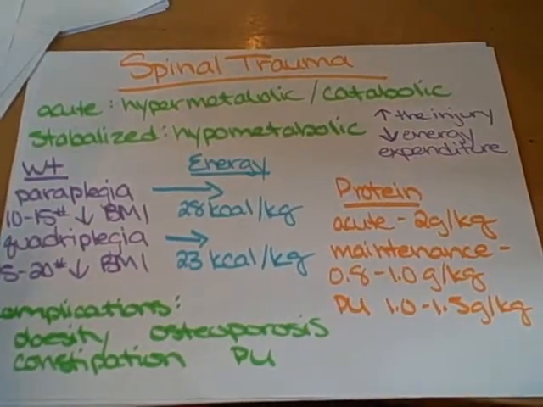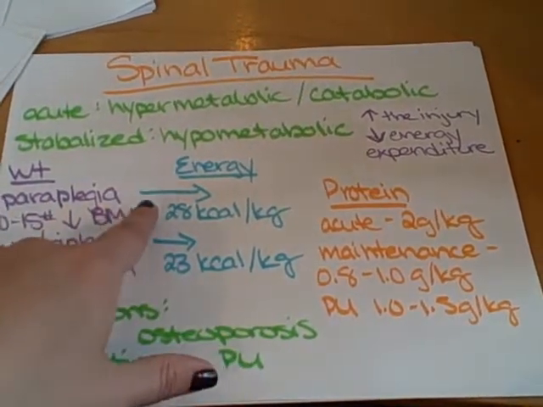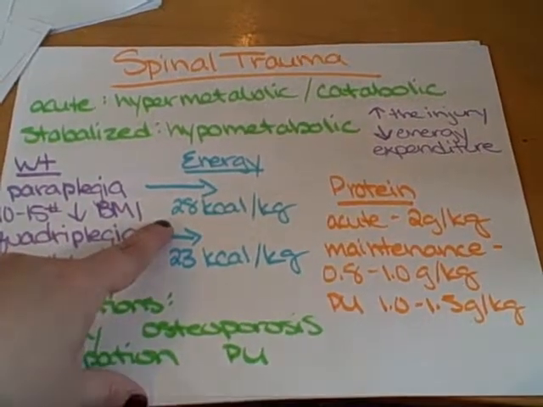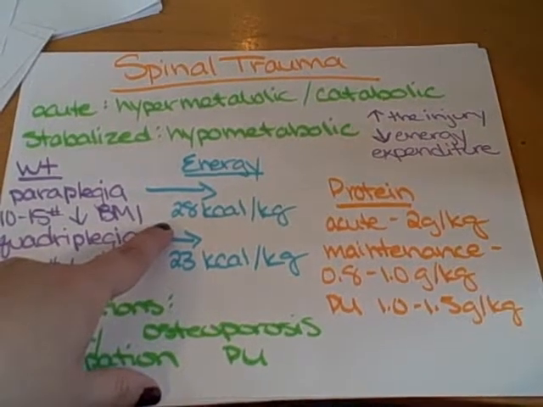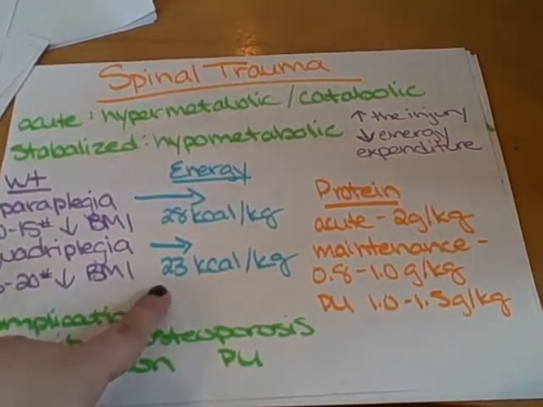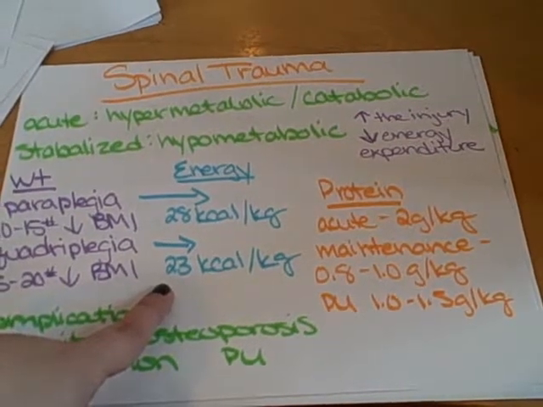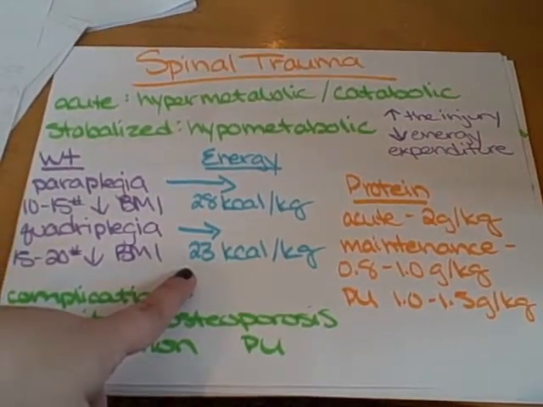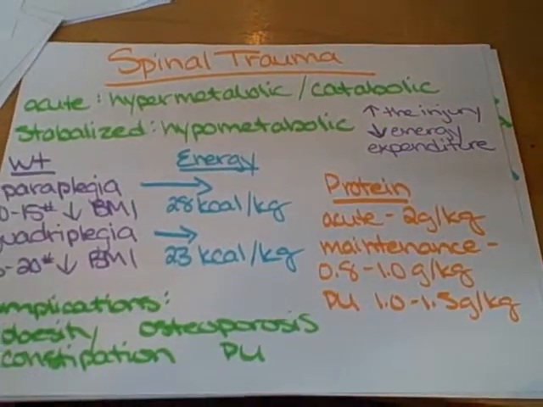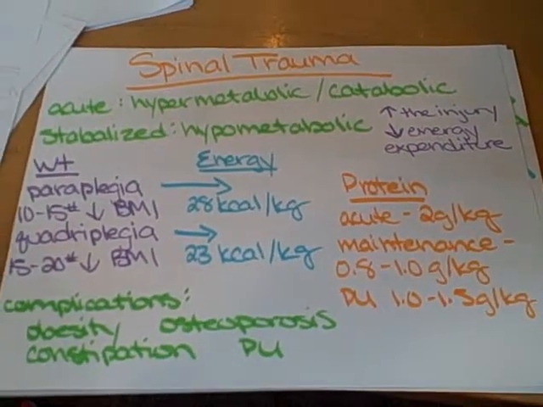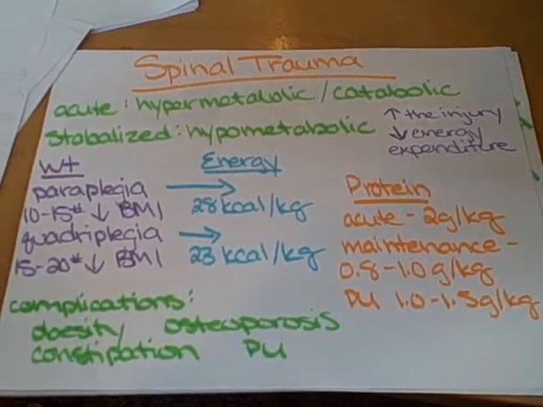And then for energy requirements for a paraplegic, we're going to have a 28 kilocalorie per kilogram adjusted body weight energy need. And then for quadriplegic, it would be 23 kilocalories per kilogram of adjusted body weight. Protein requirements for acute care, you're going to be looking at about 2 grams per kilogram of body weight.